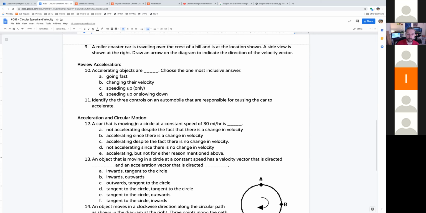So is it accelerating? If it's moving in a constant speed but in a circle, is it accelerating? Not changing speed, but it is changing direction, so is it accelerating?